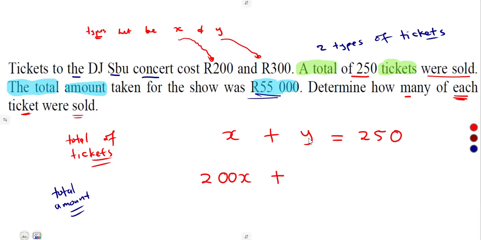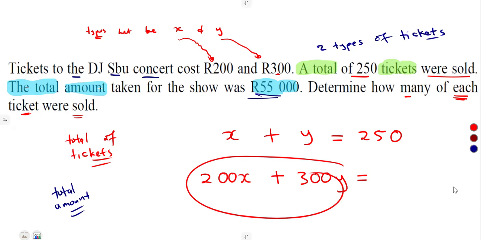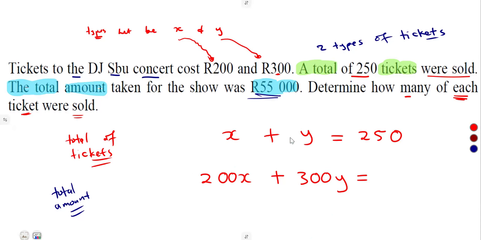The Y that we are having, each being sold at 300. So 300 times Y is the total. Combined, X and Y must give us the cost, and it must sum up to 55,000. This is what we have.